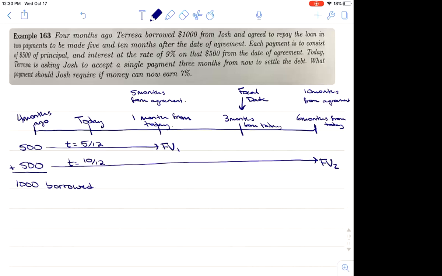And this is the first time that we're seeing this, but the rate changes. So for these two, the rate was 9%. But then when they're restructuring the loan, the rates change to 7%. So for these two arrows, these initial loans, the rate is 0.09.